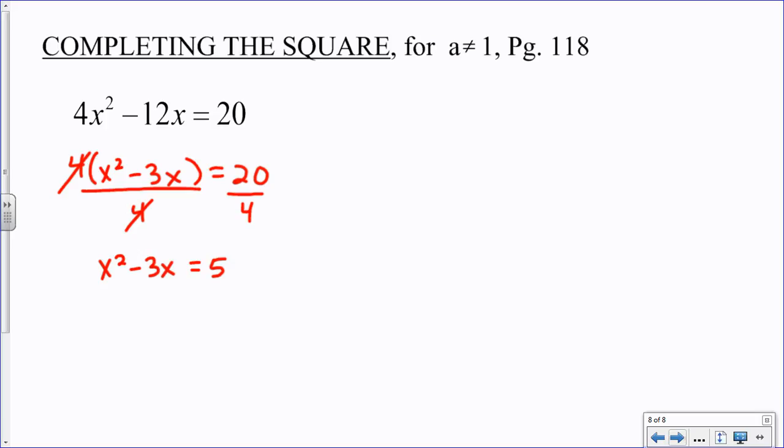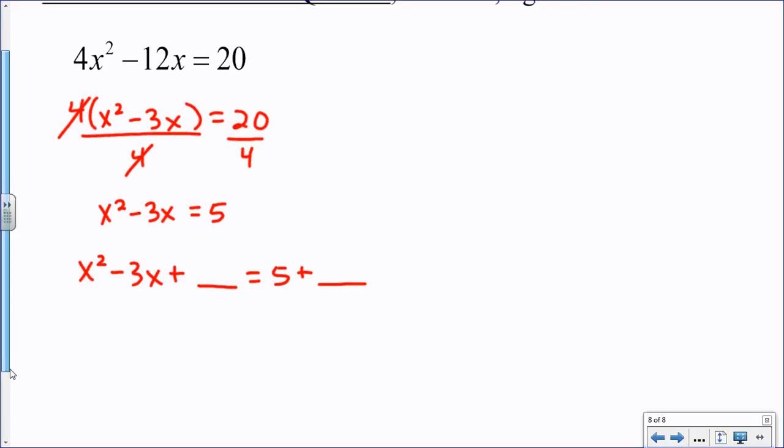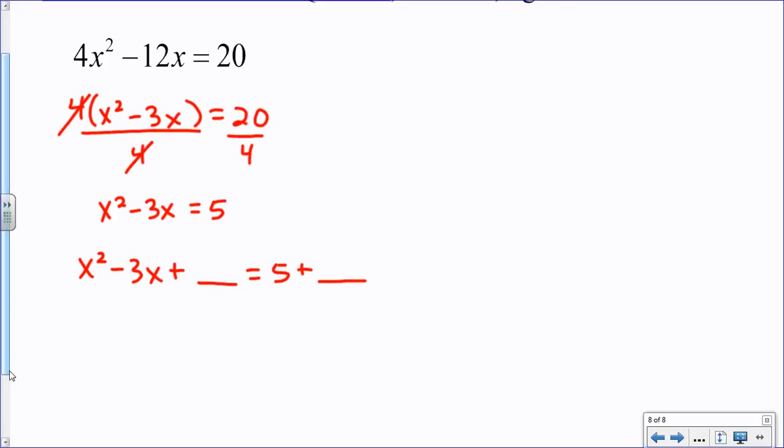Okay. Now I'm ready for step 3, which is to find the number to complete the square. So I always do this with blanks, just so I don't forget to add it to both sides. And it just kind of helps me keep it organized. Okay, so b over 2 squared. So that's negative 3 over 2 squared.